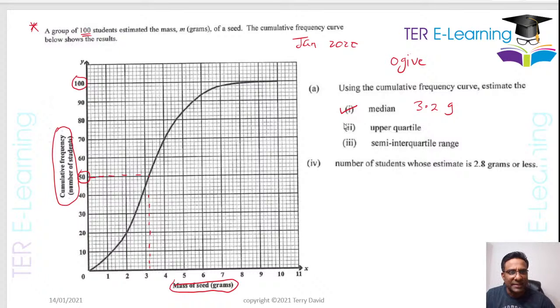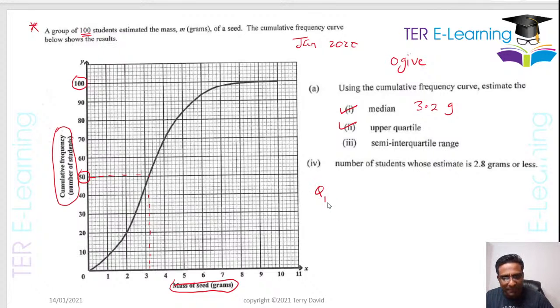Now the next thing they want us to do is find the upper quartile. When we are dealing with cumulative frequency curves, we have our lower quartile, which is a quarter of our data, the median, which is half of our data, and our upper quartile, which is 3/4. In this case it's 100, so a quarter of 100 is 25.